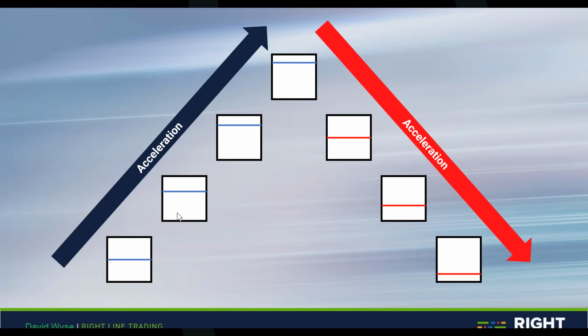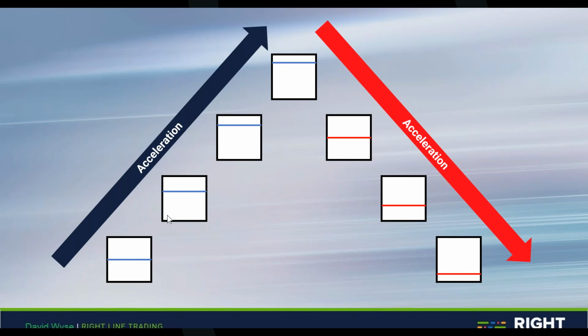To determine if the institutions are in there, these are 5-minute candlesticks. If you go from one candle to the next candle, what you're looking for to determine if you've actually got momentum is the close of the candle right here. This is your open, this is the high, and this is the close of the candle.